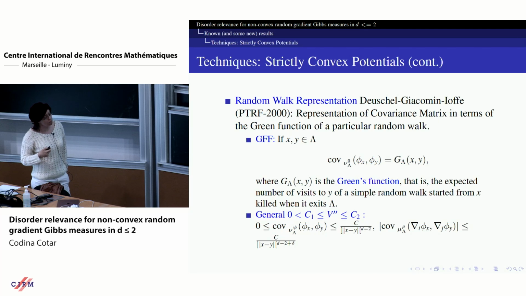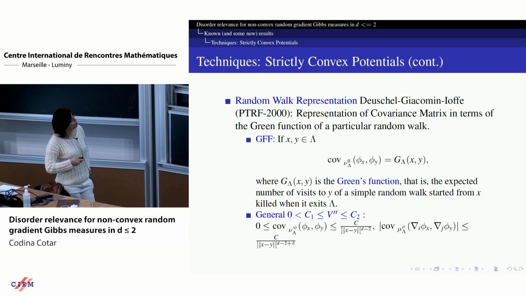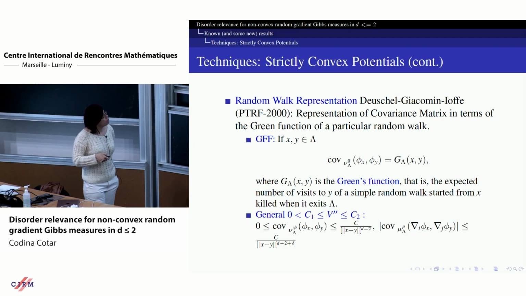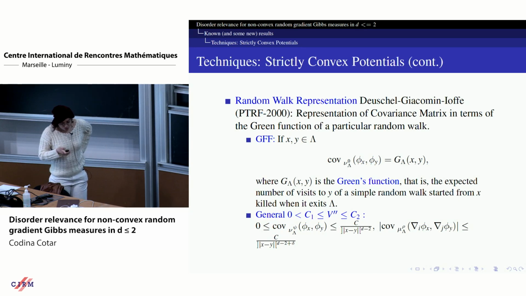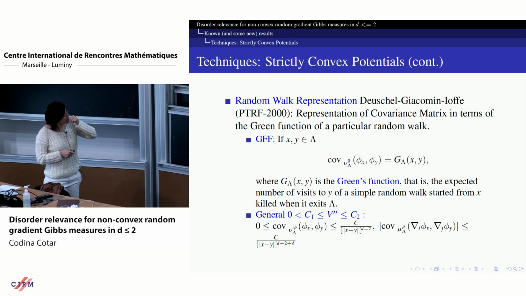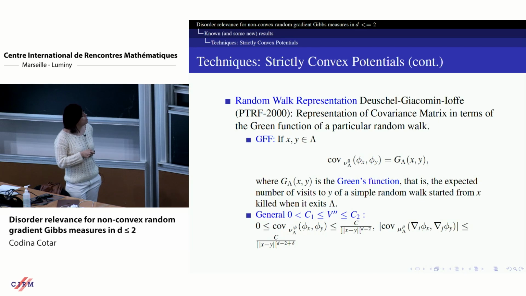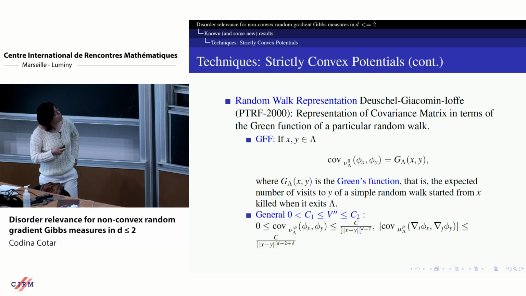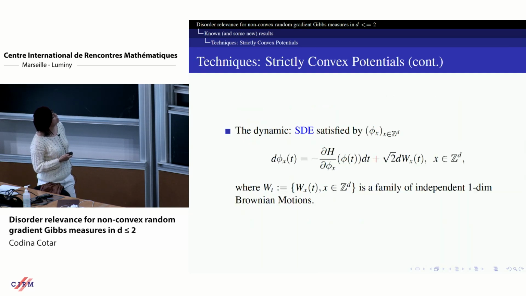And using this representation, you can find covariances for the finite volume objects, both for the gradient model and for the original measure, and also we can go to infinite volume. And the infinite volume covariance still stays of order 1 over the norm of x minus y to the d minus 2, but for the gradient, it improves to a constant over the norm of x minus y to the d. Yes, so these are the properties that we can derive using the random walk representation.